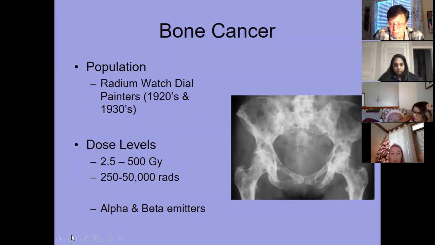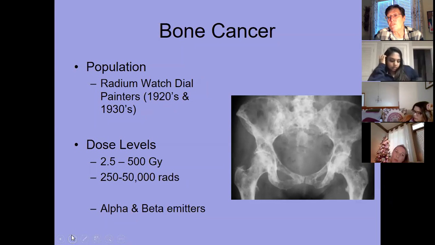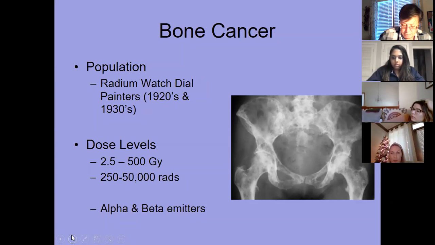If you look at relative risk, the radium watch-dial painters' relative risk of bone cancer is 122-to-1. So they were 122 times more likely to develop bone cancer than the general population. Common sites of the bone cancer were, of course, the mandible, but also the pelvis and the femur.